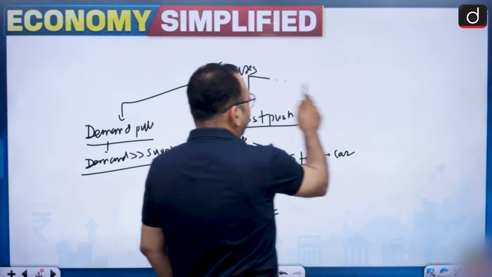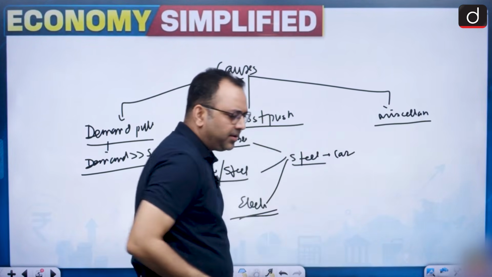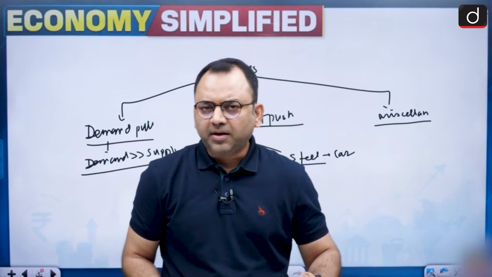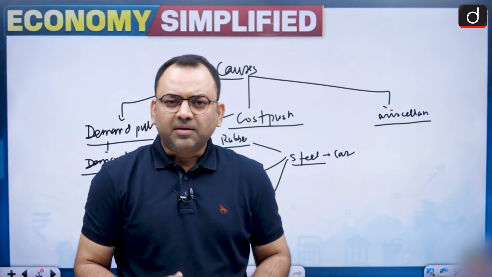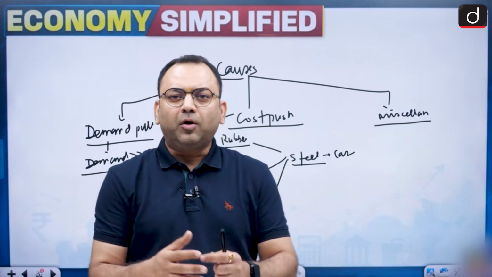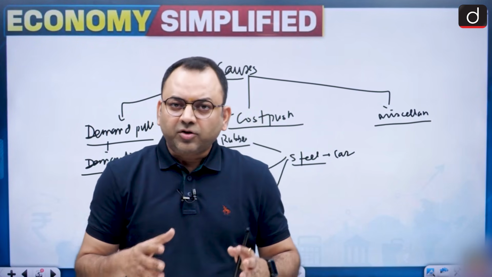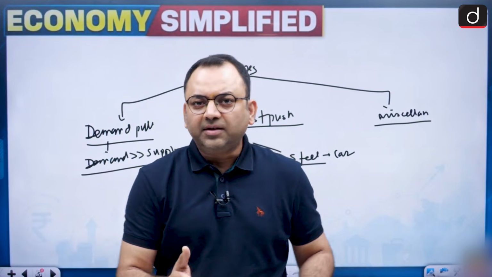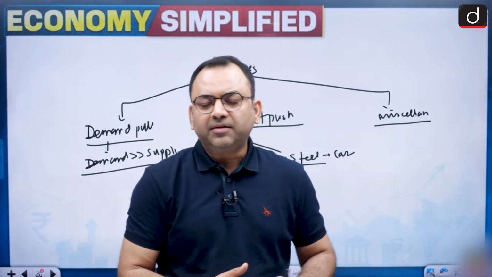The third is the miscellaneous. It happens that the demand may be constant, the cost may be constant, but some hoarding of commodities takes place. Some people hoard commodities in large quantities. They create a natural or artificial scarcity in the market.